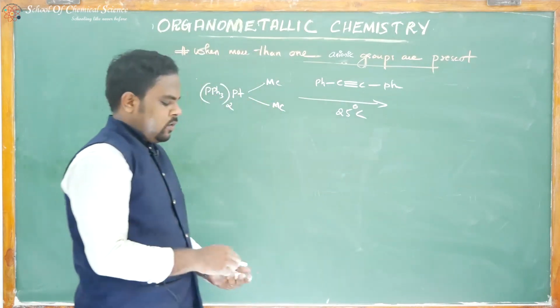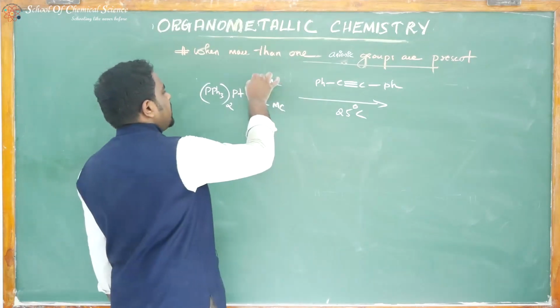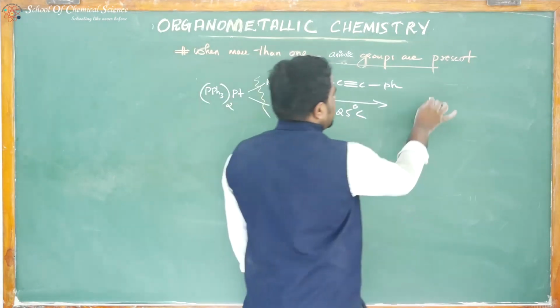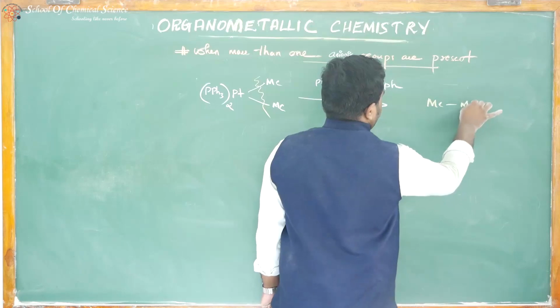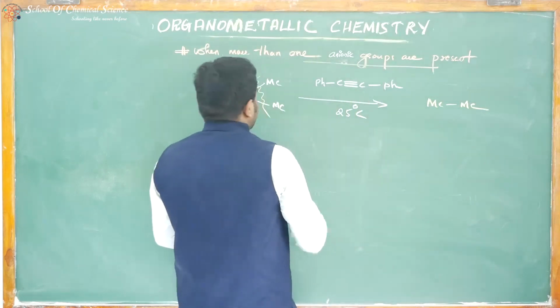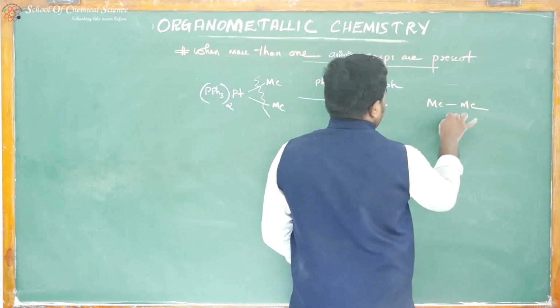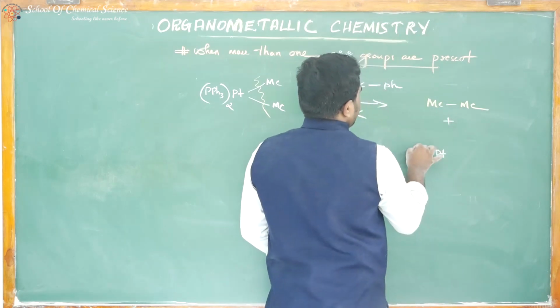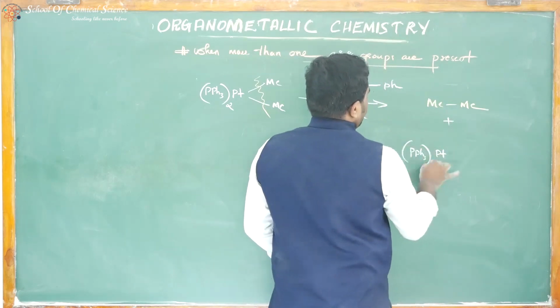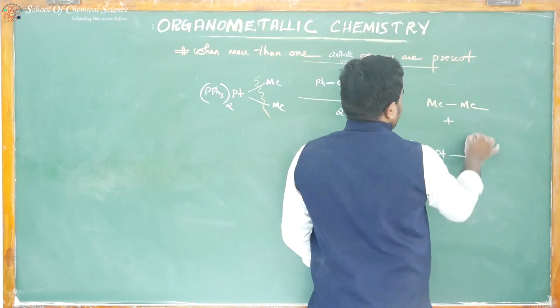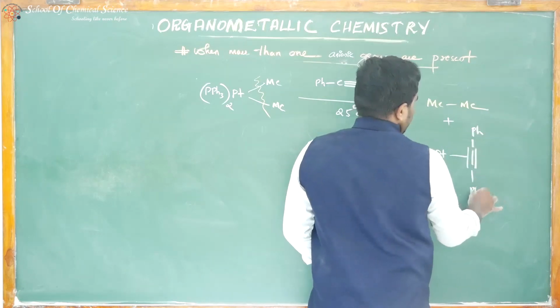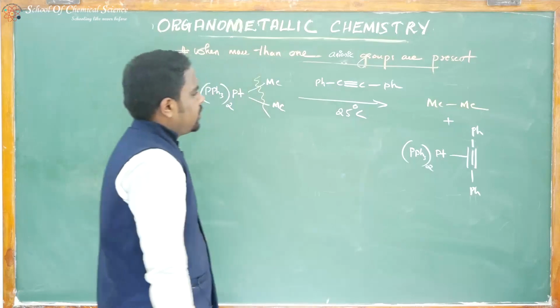What happens on heating? Methyl and methyl will be eliminated as ethane, Me-Me, plus this triple bond will be coordinated here. Pt, PPh3 twice, triple bond, Ph. So that will be your product.